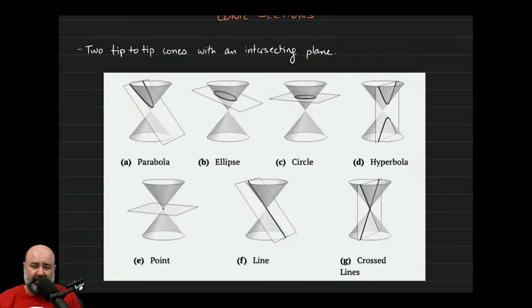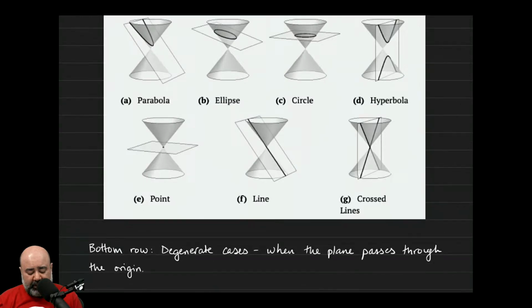It's not really a technical way to think about it, but you can imagine that if you cut two cones vertically, the plane is going to create two parabolas.